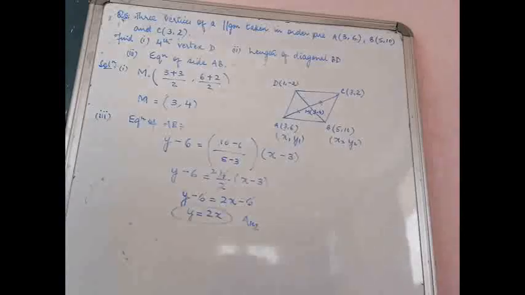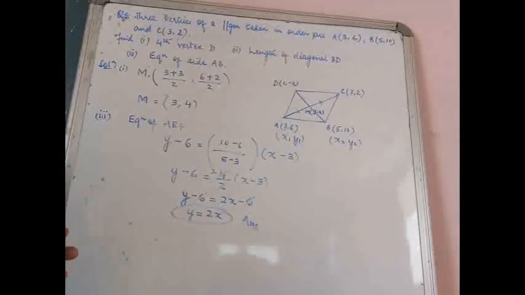So this was all as far as this lecture was concerned. In the next lecture we will discuss the condition of perpendicularity of two lines and the condition which is prevalent when we have two lines running parallel to each other.